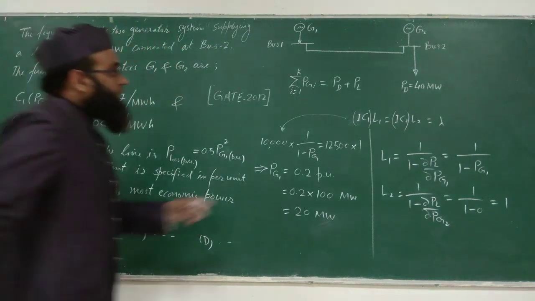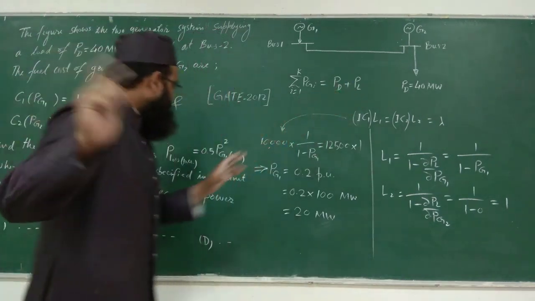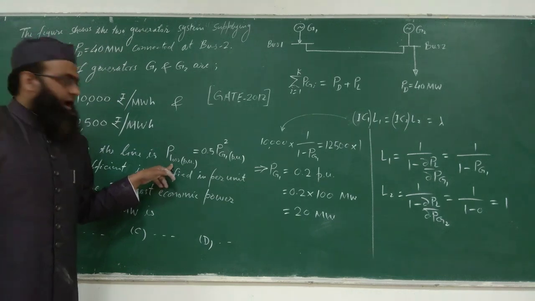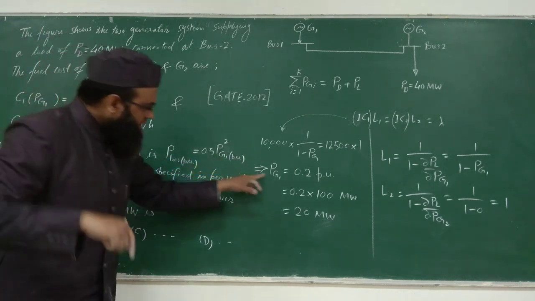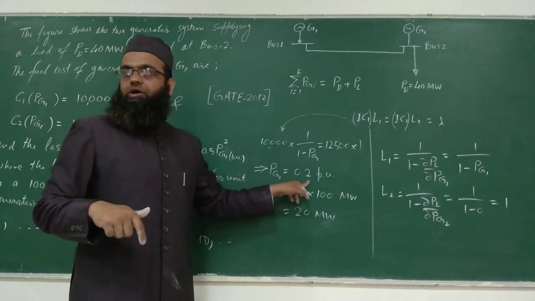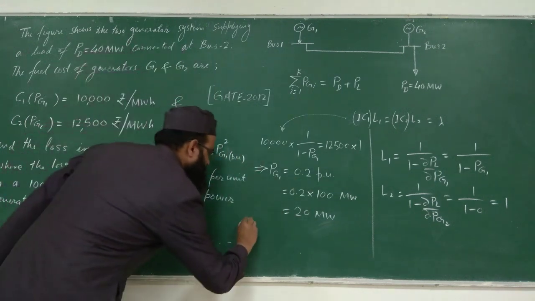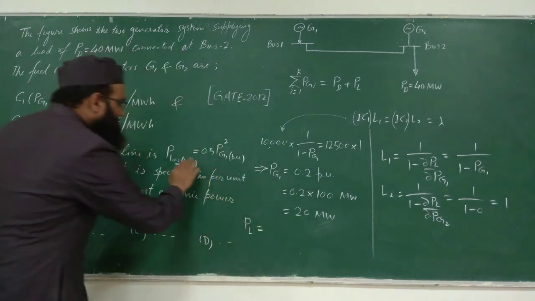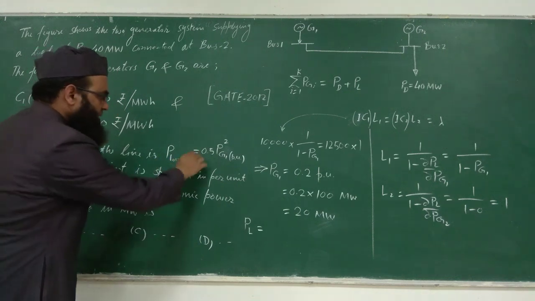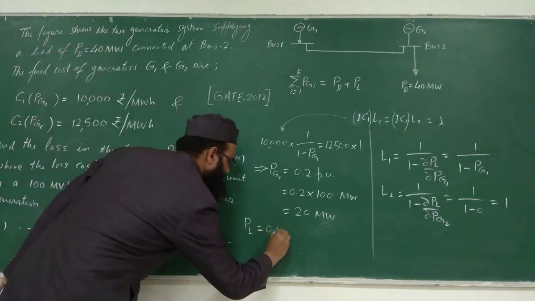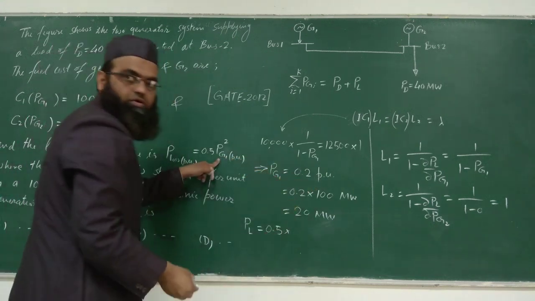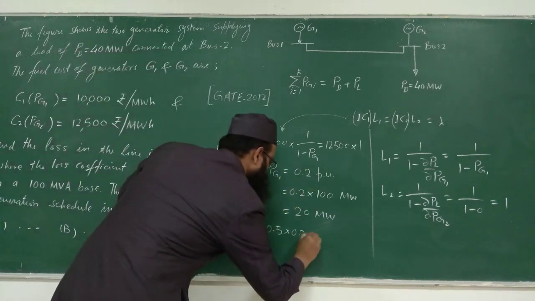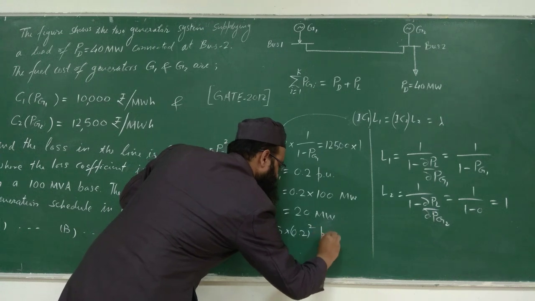So, but we don't know PL. We have an expression for PL, and that is a function of Pg1 in per unit. We have evaluated Pg1 in per unit. So PL in per unit value will be 0.5 into Pg1 per unit, that is 0.2, so 0.2 squared per unit.